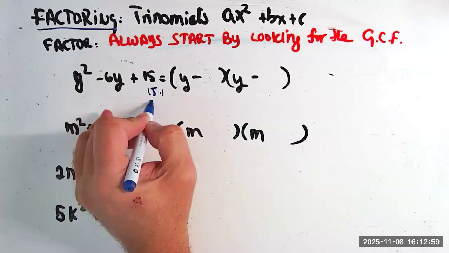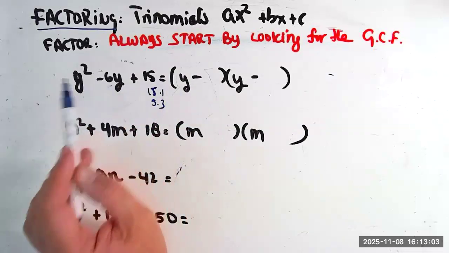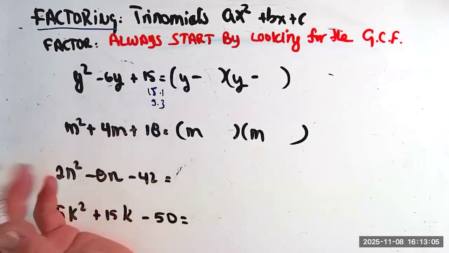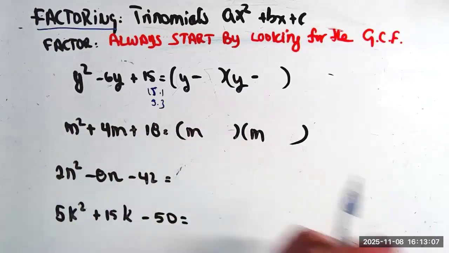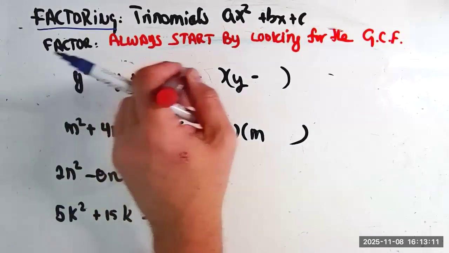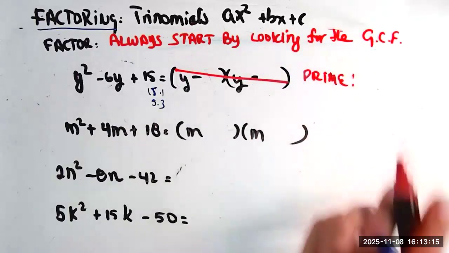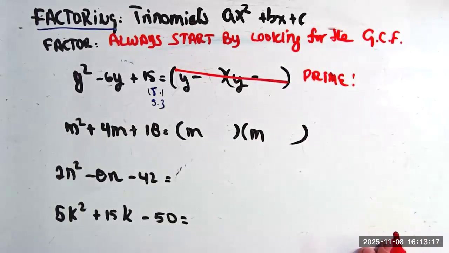But notice that not all combinations will give me negative 6. I am subtracting. So what do we say? Thanks, but no thanks. This trinomial cannot be factored, therefore we can call it prime. It will not be factored.